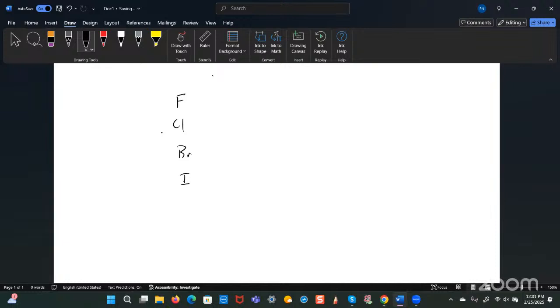Now, when it comes to these elements, as you go from bottom to top, reactivity increases. So that means that the element above will displace the one below.